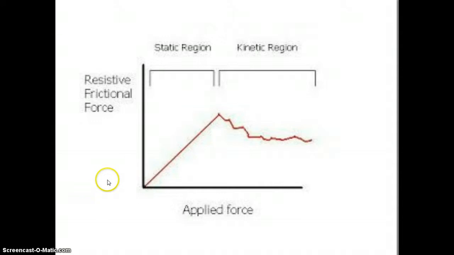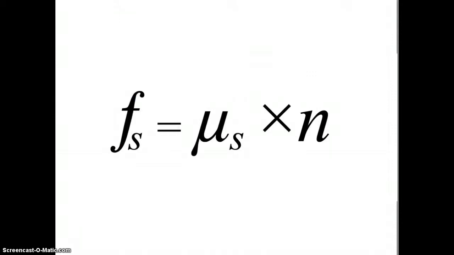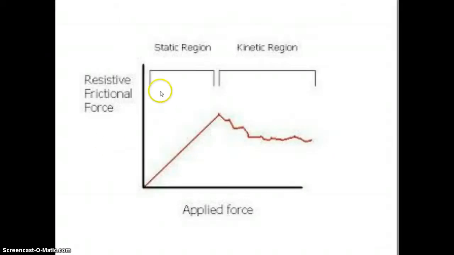When you look up in books for the coefficients of kinetic friction and the coefficients of static friction, what you find is that the coefficients of static friction are usually larger.